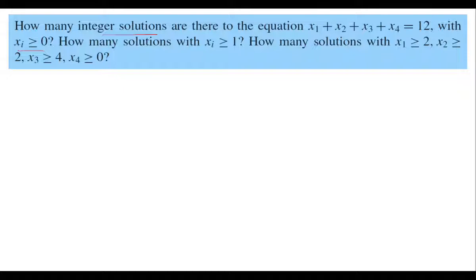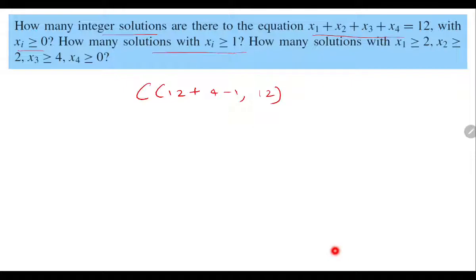If we see it as a distribution problem, then there are 12 identical objects which need to be distributed in 4 boxes. For example, if x2 is equal to 3, it means to the box x2 we have put 3. If all have 3, then 3 plus 3 plus 3 plus 3 is equal to 12. So 12 objects need to be distributed in 4 boxes.